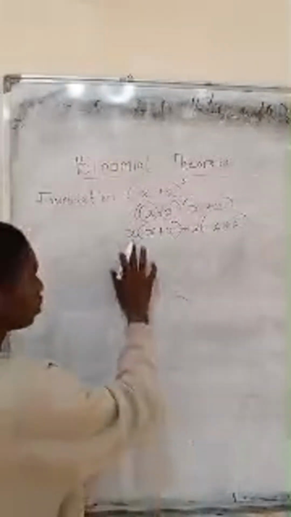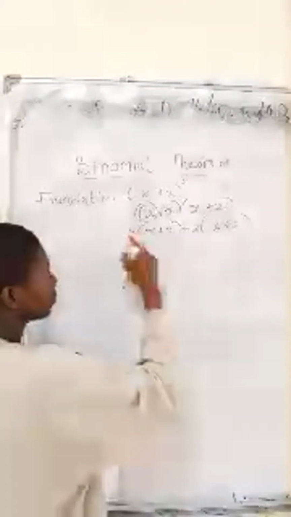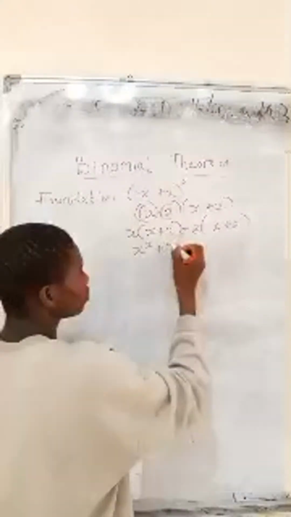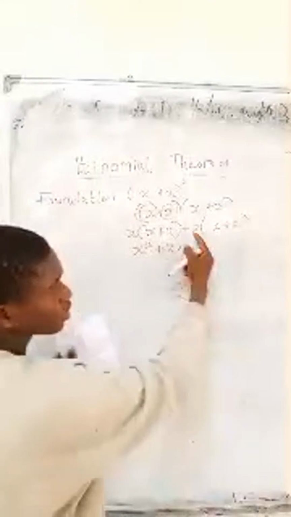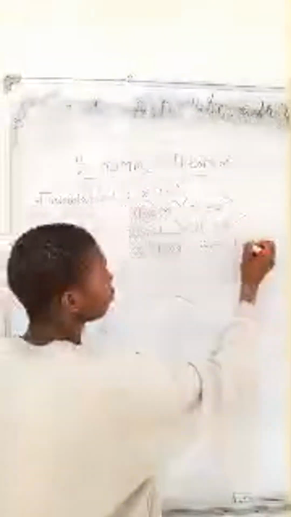Now, x multiplied by x is going to give me x squared. x multiplied by 2 is going to give me 2x. Then 2 multiplied by x is also going to give me 2x. The last one, 2 multiplied by 2, is going to give me 4.